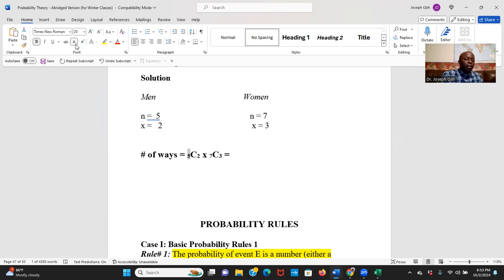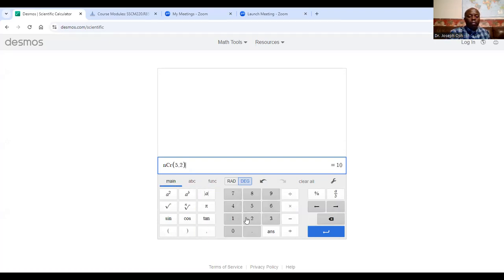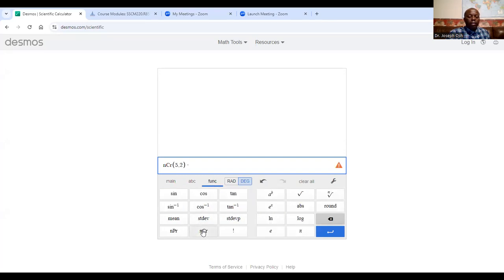Let's go and get the result from the calculator. So we have NCR 5,2, close the parentheses, times, NCR again 7,3, and then close parentheses. 350 ways.